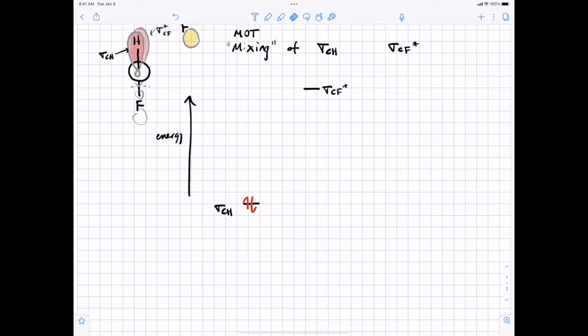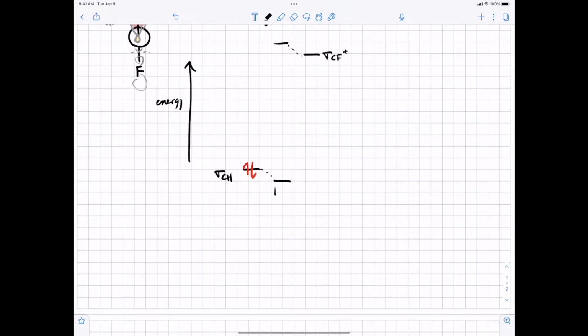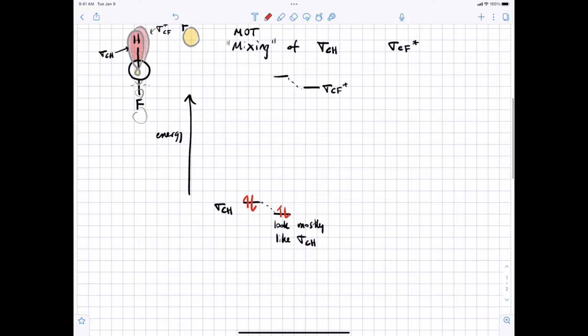When we mix two orbitals together, as we have seen, we make one that's lower in energy, and another that's higher in energy. And when your two starting orbitals are far apart, recall that the amount of stabilization is small. And so your lower energy combination is still going to look mostly like a carbon-hydrogen sigma bonding orbital, but a little more spread out, and the electrons get to go lower in energy because of that.